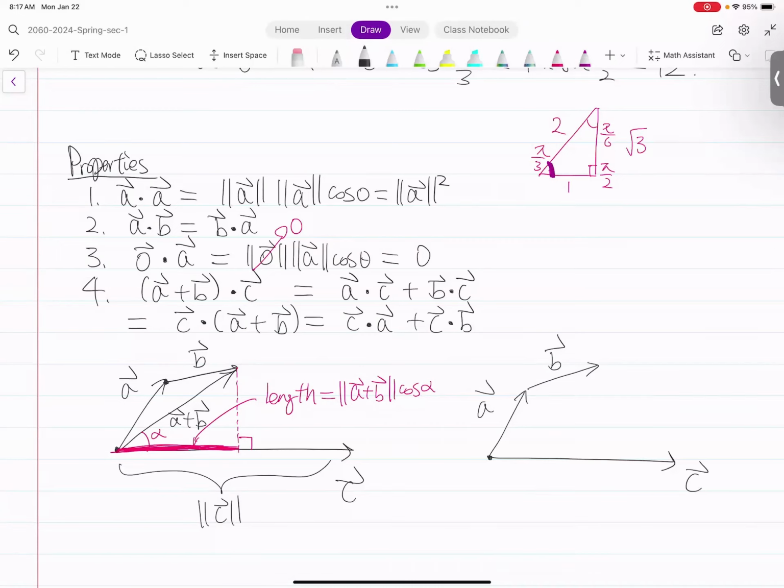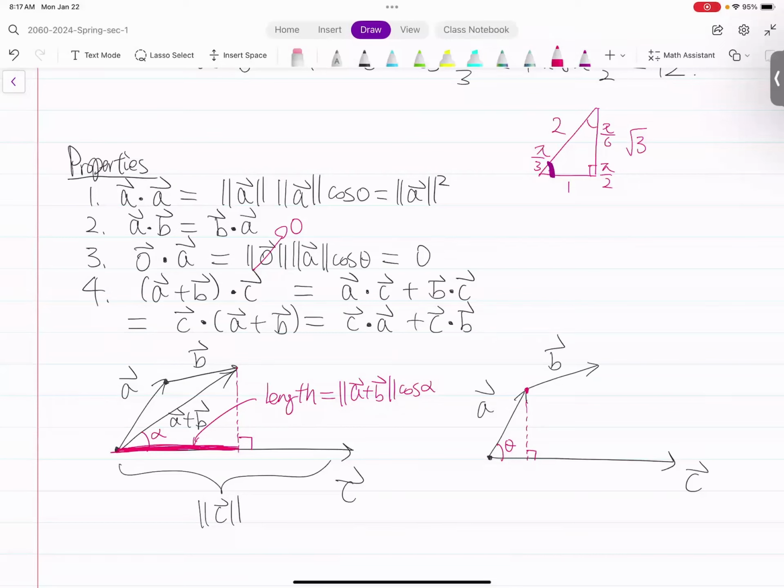So when you do the projection, it's going to be this one. So the head projecting down. Okay. And let's call this angle theta.